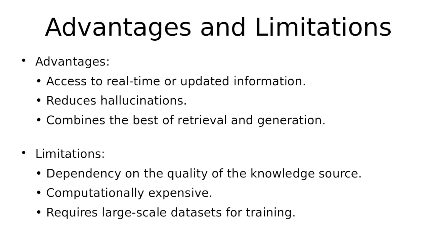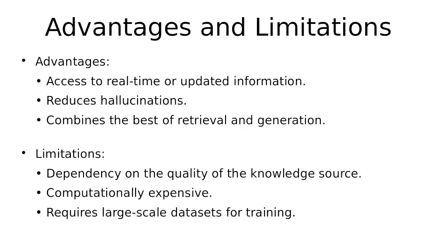Limitations: again, it depends on the quality of the knowledge source. Even if you are able to use an external knowledge source, if the quality is not good, then again the problems will continue. And it is computationally expensive. Converting the documents into a vector database will take significant computing power.